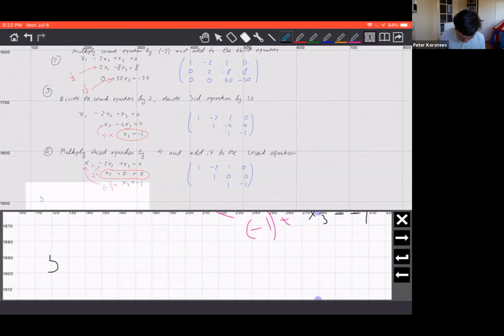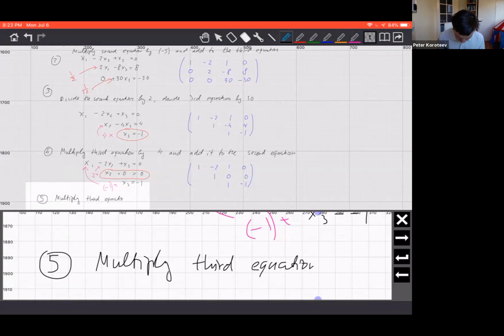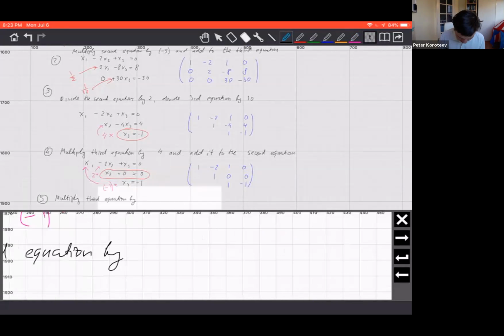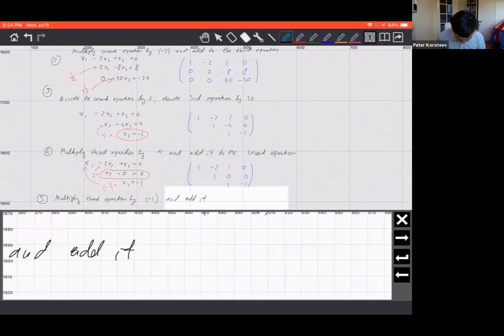So step 5 here will be to multiply the third equation by minus 1 and add it to the first equation.